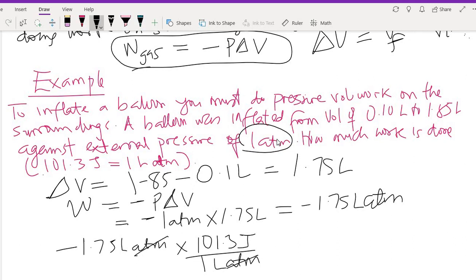So we have this to be negative 177 joules.